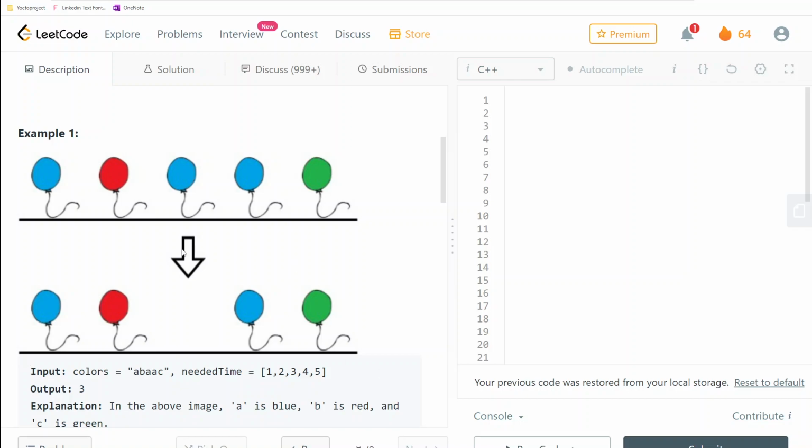How we get the minimum time is according to this neededTime array only. And we are required to remove a balloon only at the point when duplicates are there. So we are required to remove either of them from this particular array.